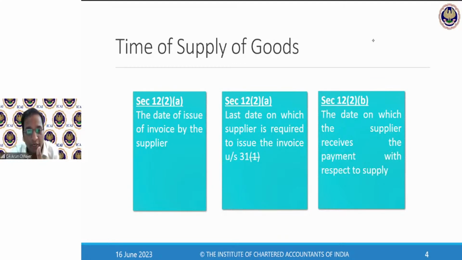If there is a movement of the goods, then the last date would be the date of removal. If there is no movement of the goods, then the last date would be the date on which the delivery is made or goods are made available to the recipient. So in illustration number 1, I took the provision that the goods are made available to the recipient, because I have to install them, right?